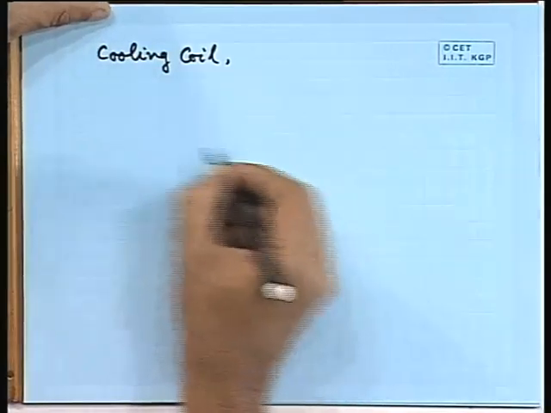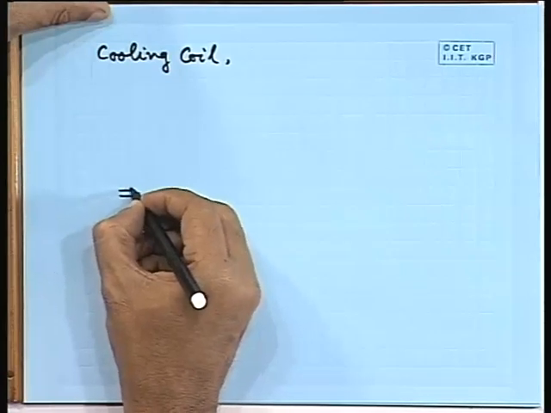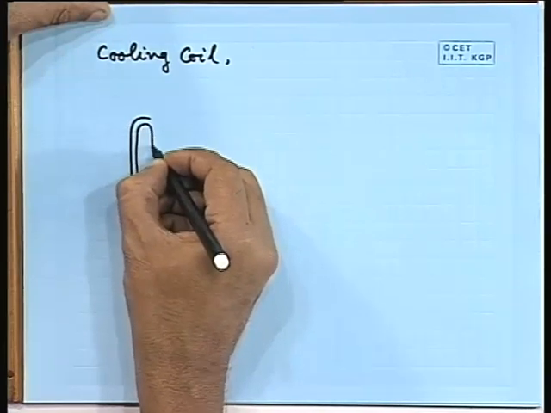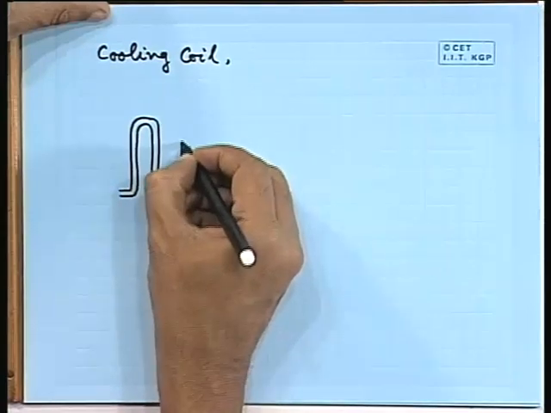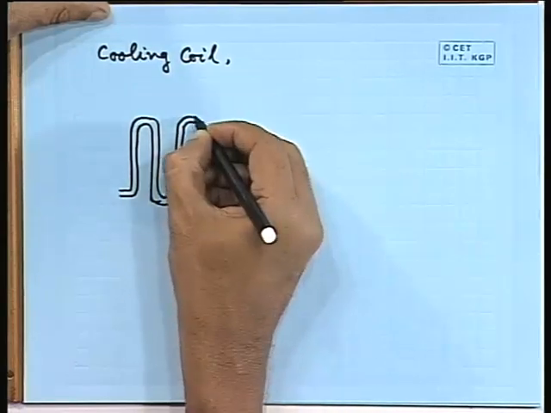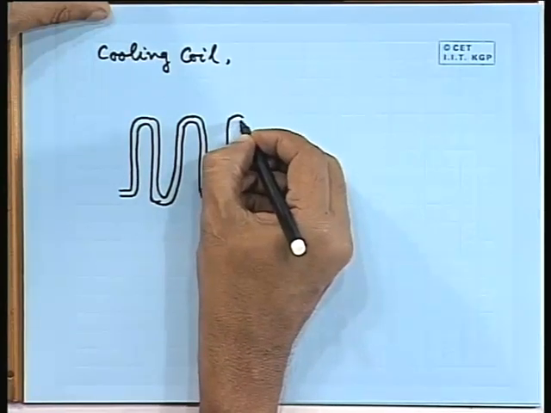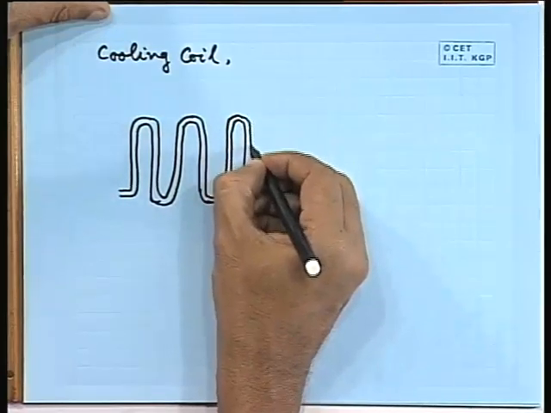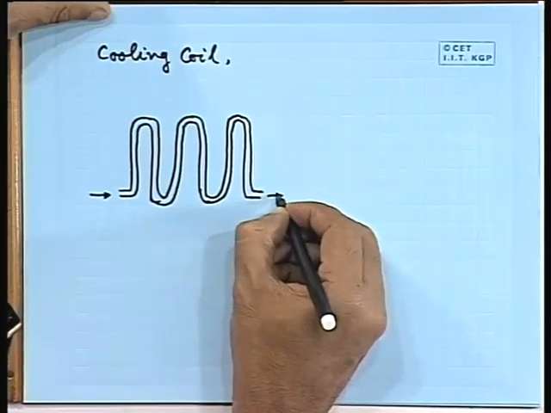All right. So, the cooling coil, I am just showing it schematically. The actual representation is slightly different, but you can understand. The cooling coil is a tube like this, and through this I am sending cold refrigerant.